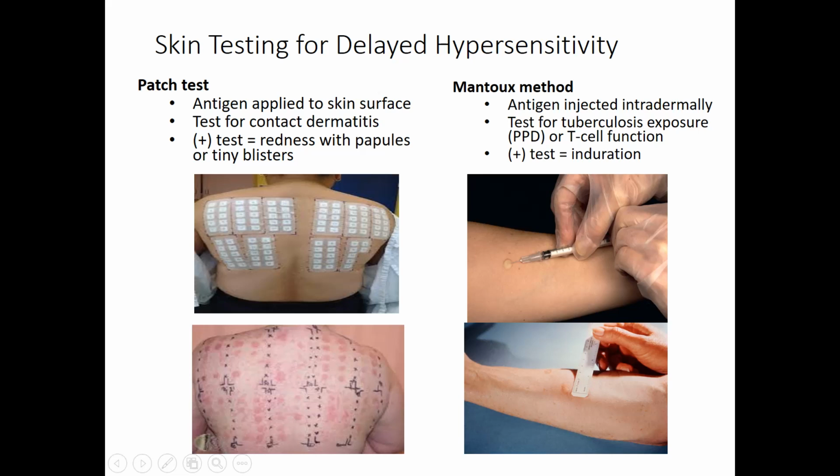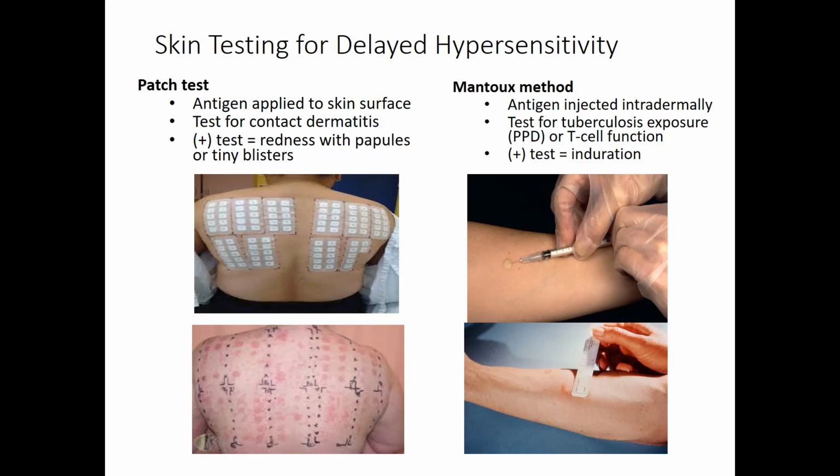The other test that we think of when we think of delayed hypersensitivity is the Mantoux test. And this is the one that anyone that works in healthcare knows, tests to see if you've been exposed to tuberculosis or not. They inject a small amount of soluble antigen for Mycobacterium tuberculosis intradermally, it's a small piece of it. They're not actually giving you TB, as you know.